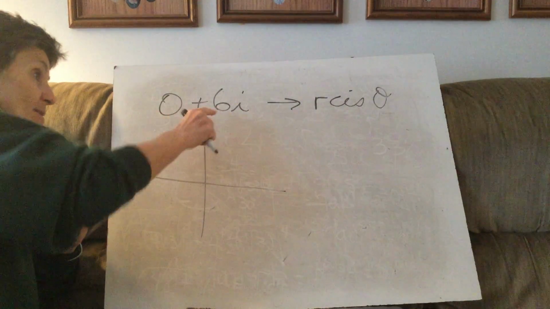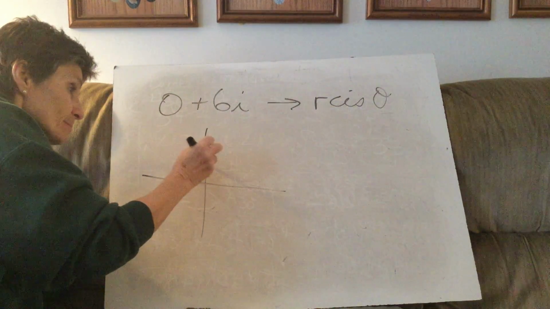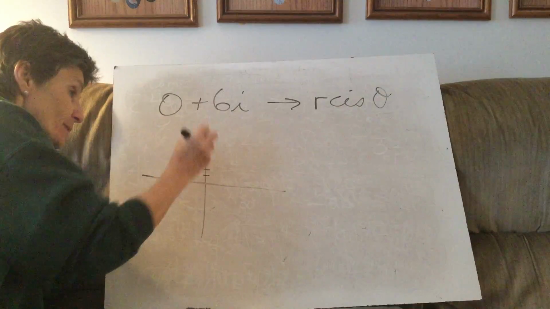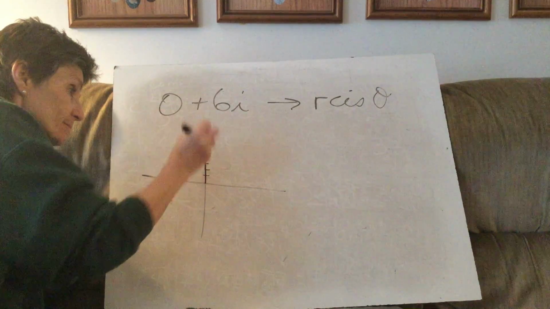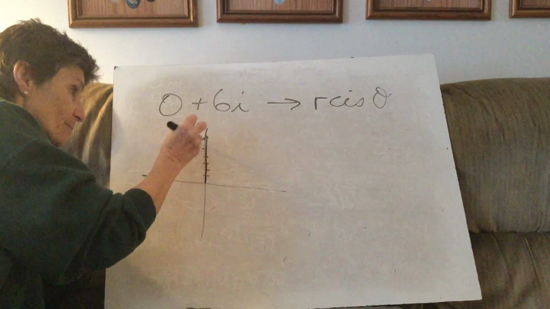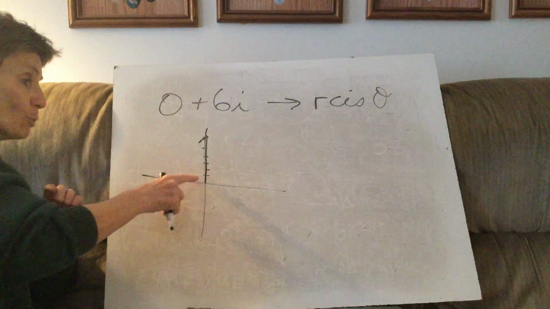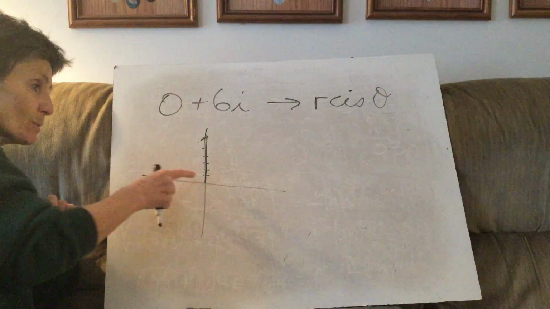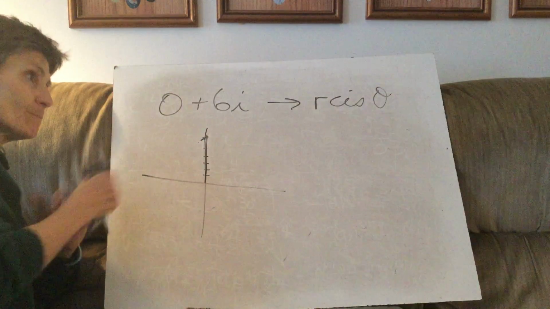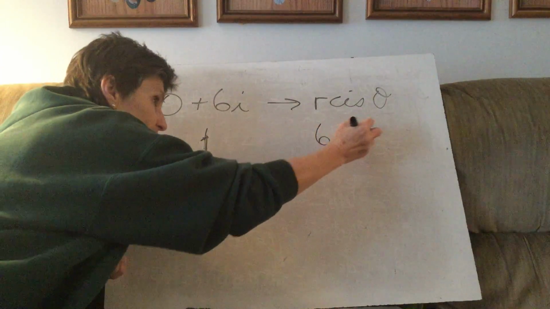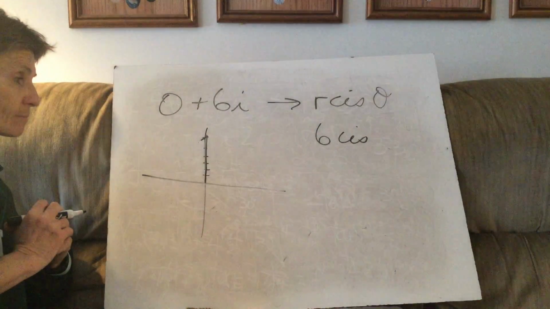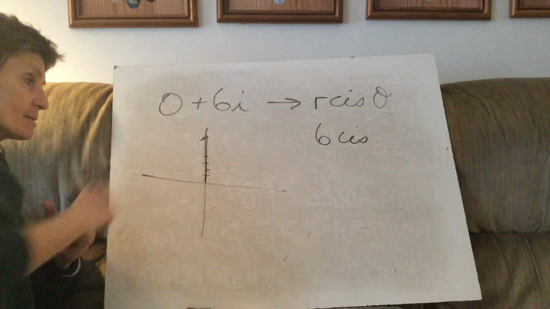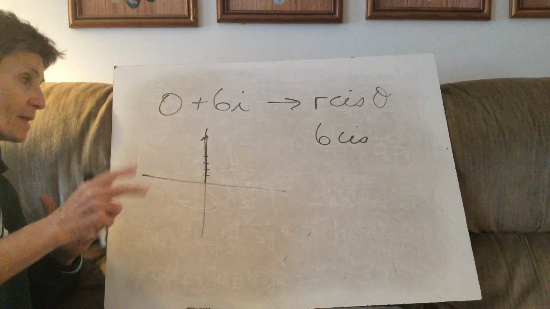If you graph 0 plus 6i, it looks just like this, straight up. How long is that vector that I just drew? What's the magnitude of that vector? It's just 6. It's 6 units long. You counted up 6. There's no Pythagorean theorem.